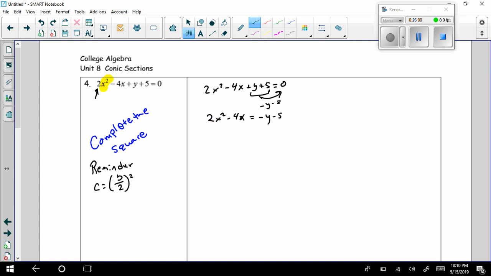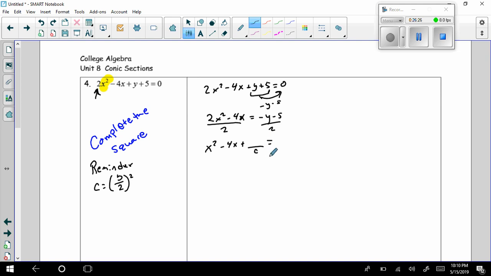And then we need to get, again, rid of that lead coefficient. So we're going to divide everything here by 2, so this side as well by 2. So now we have x squared minus 4x, and I'm going to put plus, and we're going to put that space there.